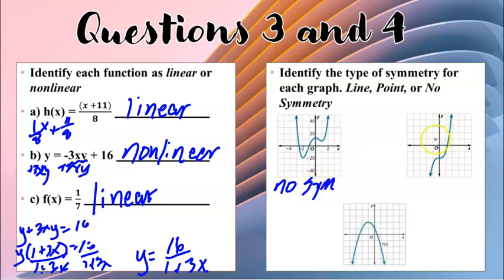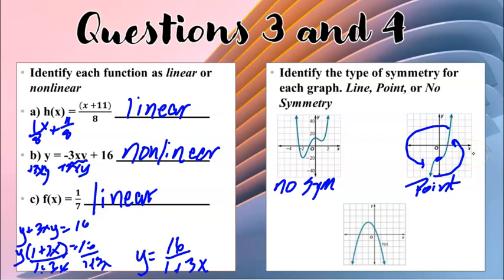The upper right hand one here is almost like a spinner, because if I spun it around this point, this line here is going to match up with this part, and this part's going to match up with this one if I were to rotate it 180 degrees. Since I could rotate this around that point 180 degrees, this would be point symmetry.